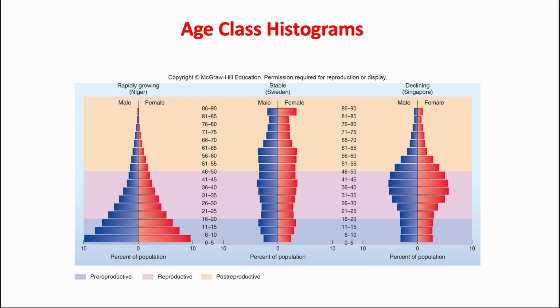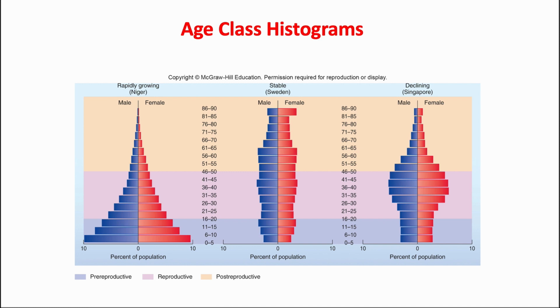There are 3 different patterns that we're seeing in front of us with these age class histograms. All the way to the left is a rapidly growing population. In the middle is a constant or steady population, and on the right we have a declining population.